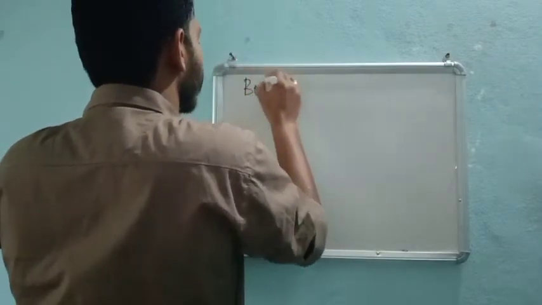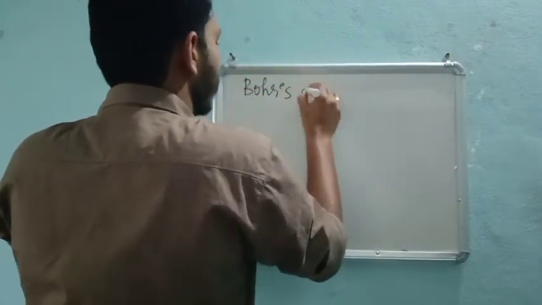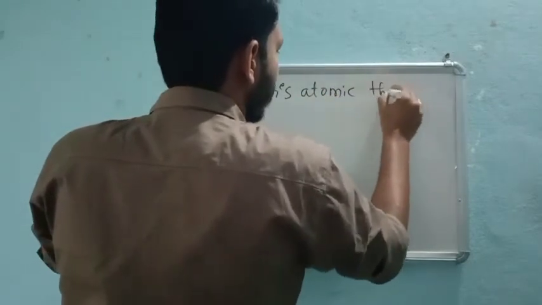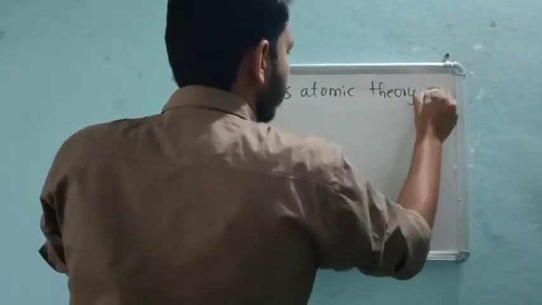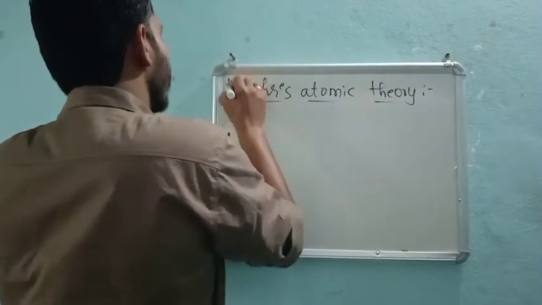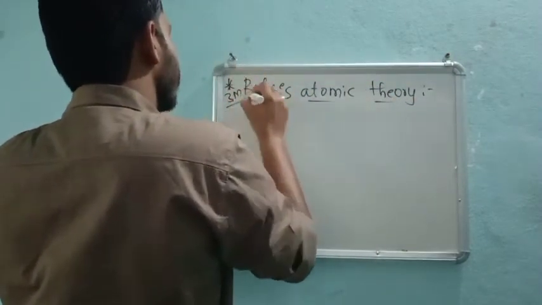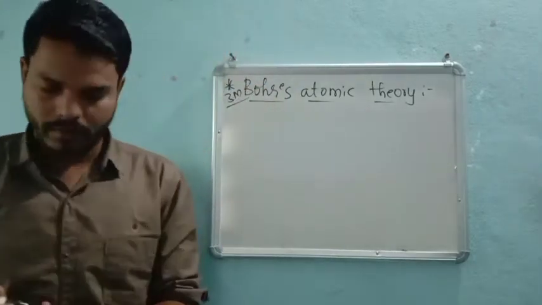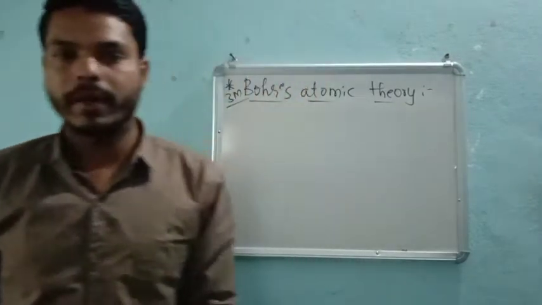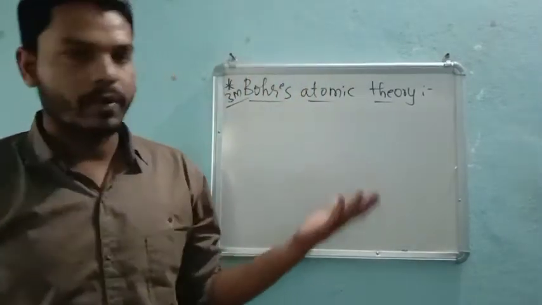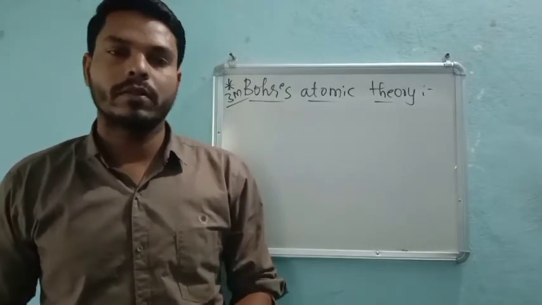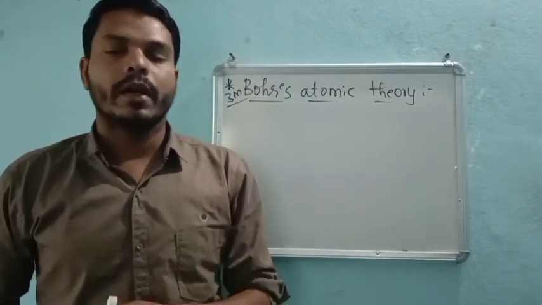Bohr's atomic theory is very important for 3 marks. A definite question will come. With respect to Bohr's atomic theory, or Bohr's atomic model, we will definitely have a 2 or 3 mark question in our examination.